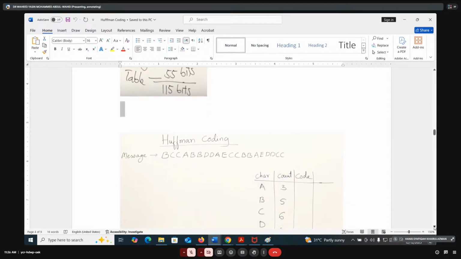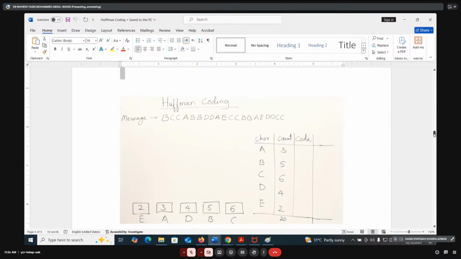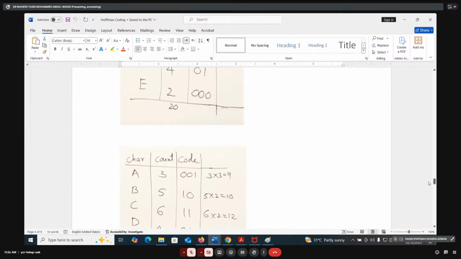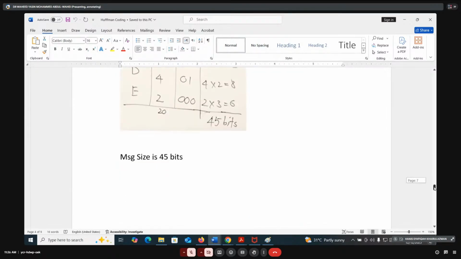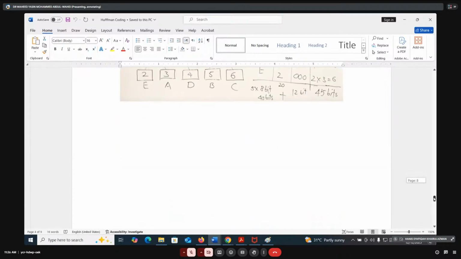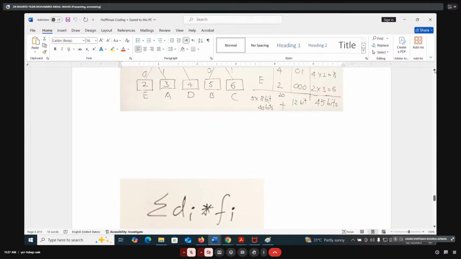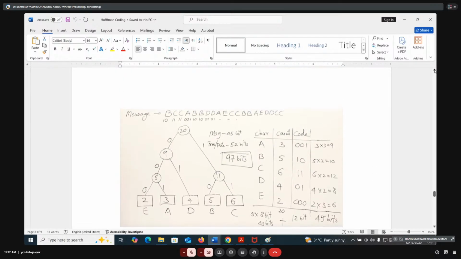Now I use 97. Am I right? 97. 45 plus 52: the code 12 plus 40, the ASCII code of the 5 letters, is 52, plus the message 45. So 52 plus 45 is 97.